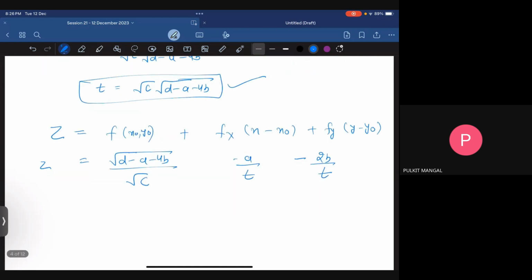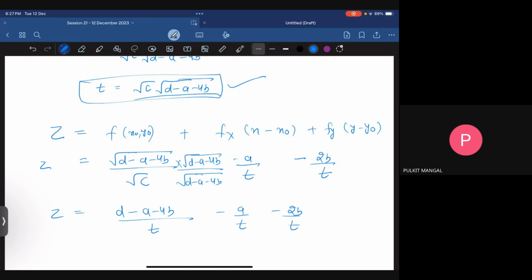I can multiply this by under root d minus a minus 4b in the numerator and also in the denominator, and this will not change the equation. In the denominator part it would be my t that I have considered. So this minus 2b by t.